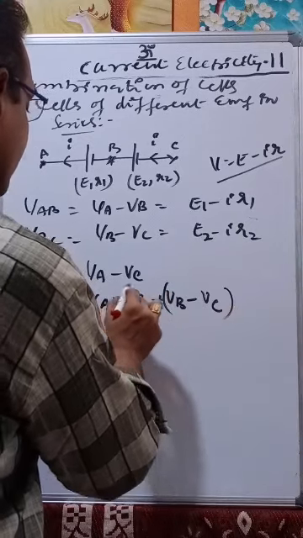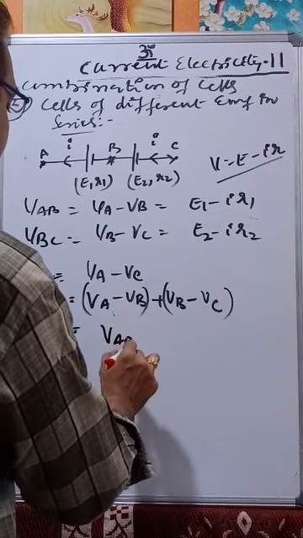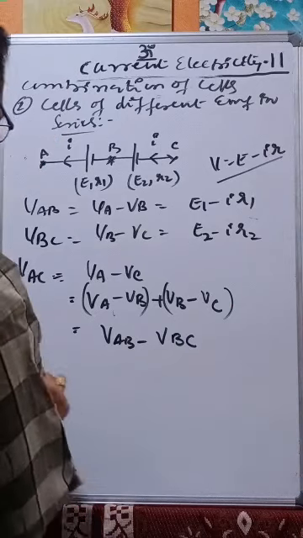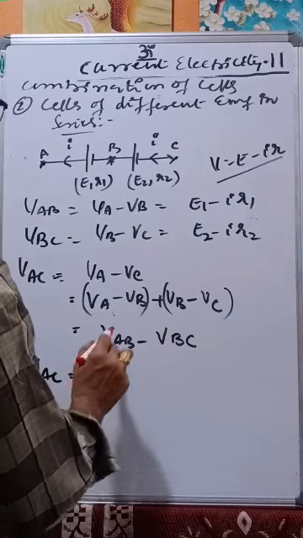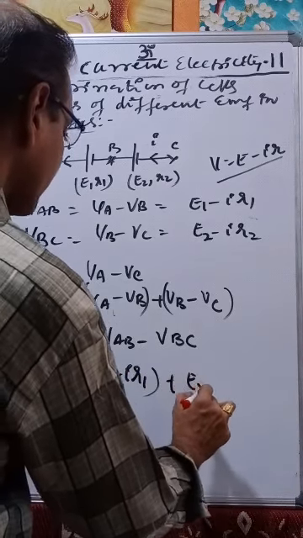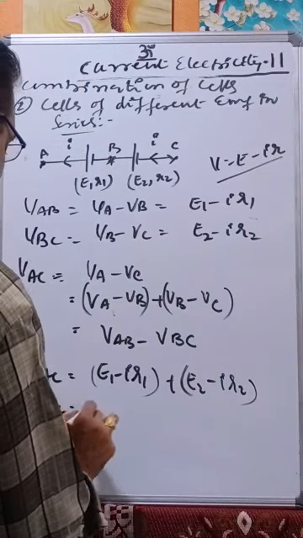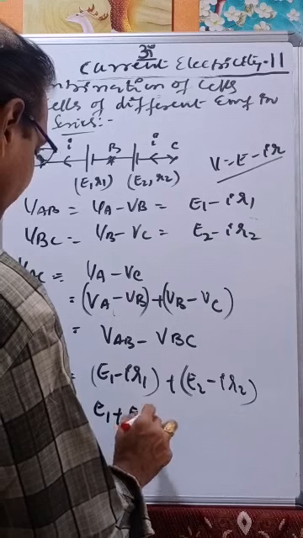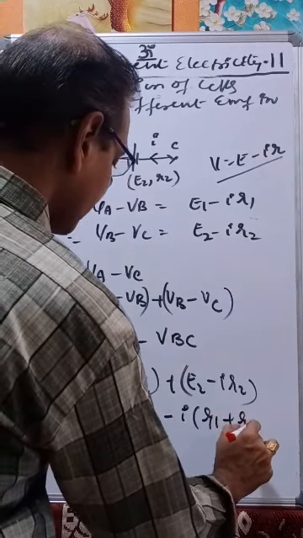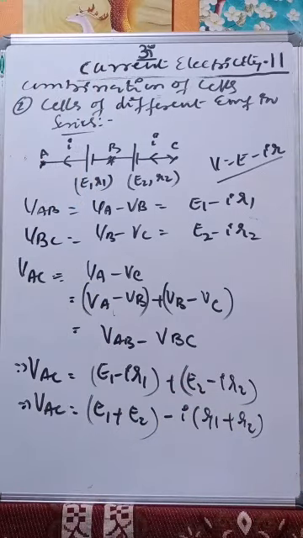VA minus VB is VAB, and VB minus VC is VBC. This implies VAC equals E1 minus Ir1 plus E2 minus Ir2. This implies VAC equals E1 plus E2 minus I into (r1 plus r2). Take minus I common, (r1 plus r2).